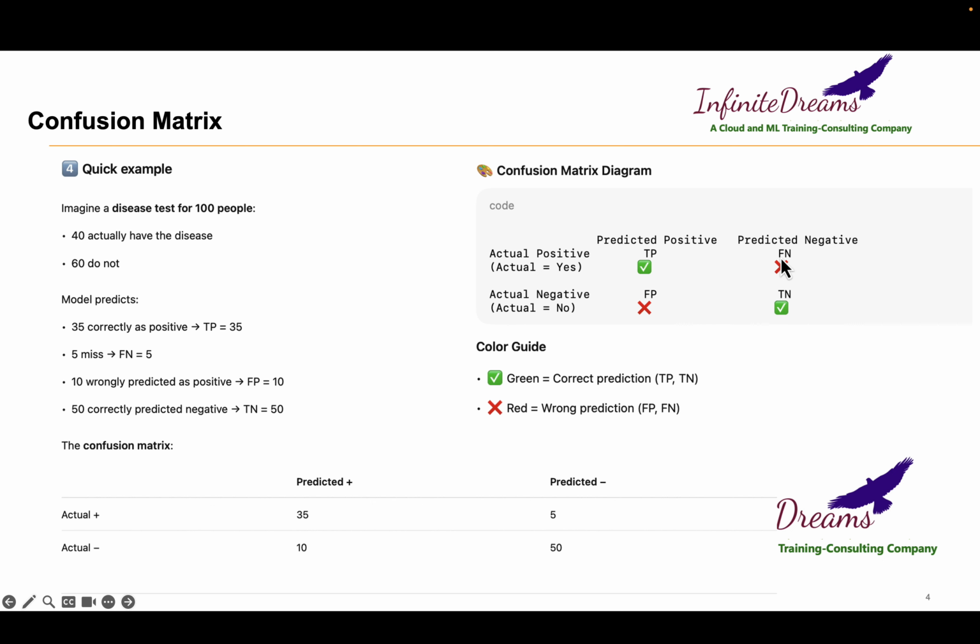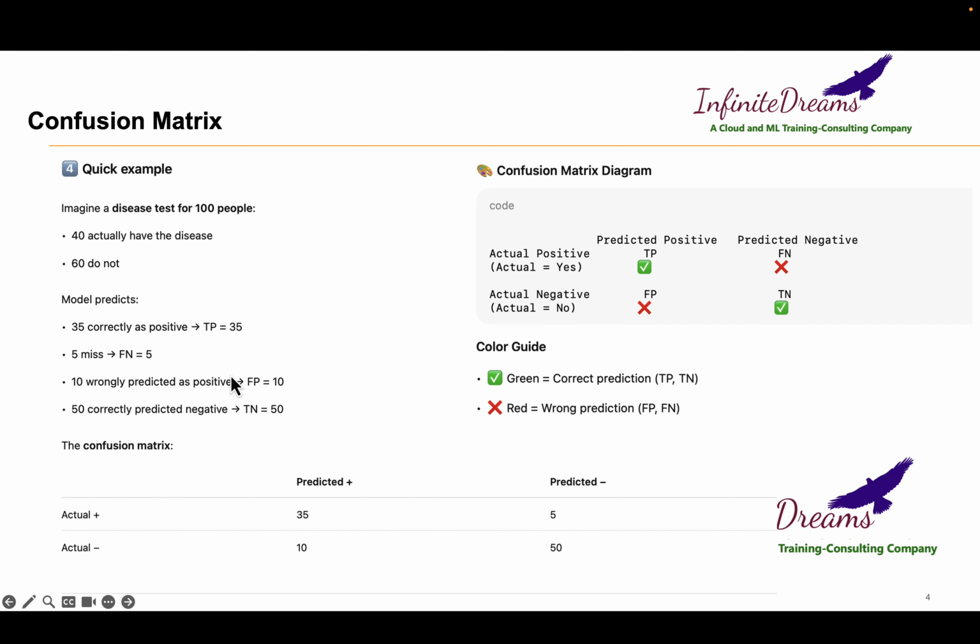Data says you have got the disease, but the model says you don't. And similarly the next one: the model says it's positive, and the data says the person doesn't have any disease. False positive. So remember, false positive and false negative are the scenarios where the model made a wrong prediction.